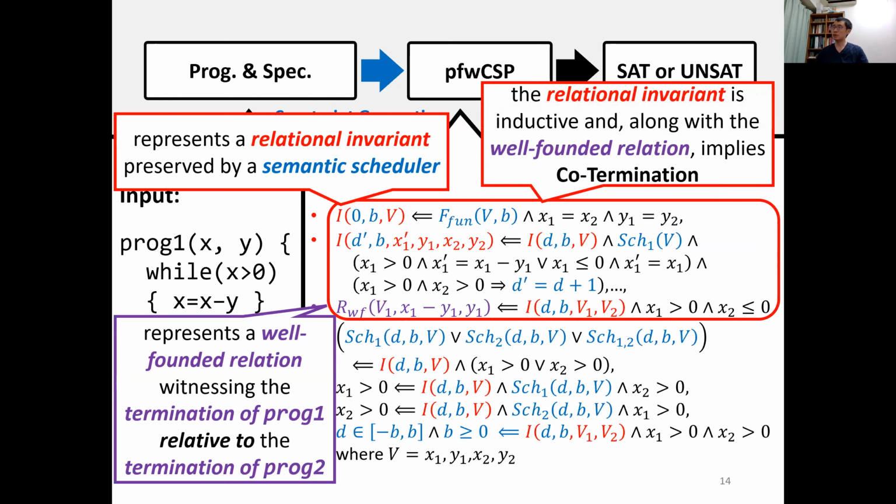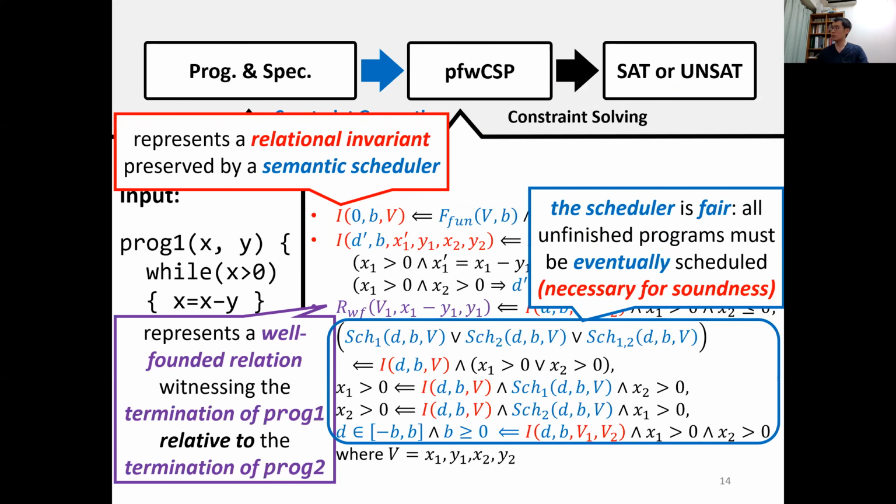So this initial set of constraints says that I is a safe inductive invariant, and RWF witnesses the termination of program 1 under the assumption that program 2 has terminated. And this set of clauses encodes that the scheduler is fair.